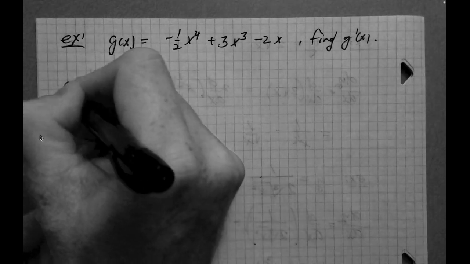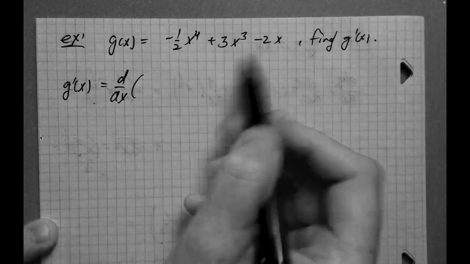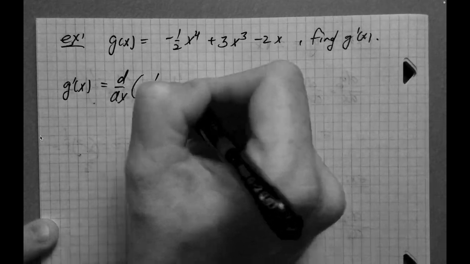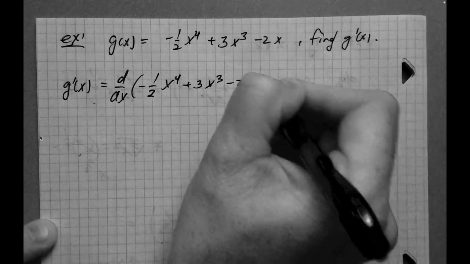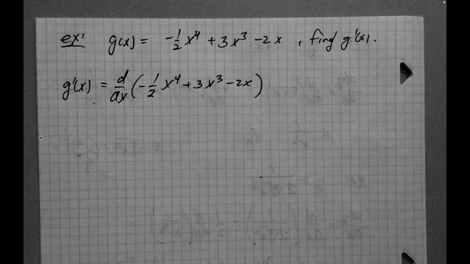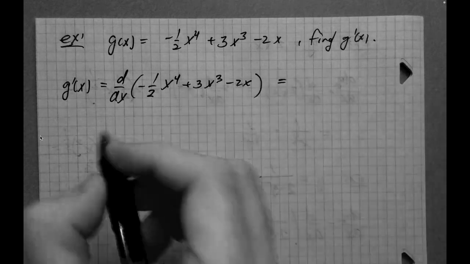Well, g prime of x is equal to the derivative with respect to x of this thing, so I'll just write it all out here. Now this is the sum and or difference of three terms, right? And so that means using the previous theorem, I can just break this apart, right?